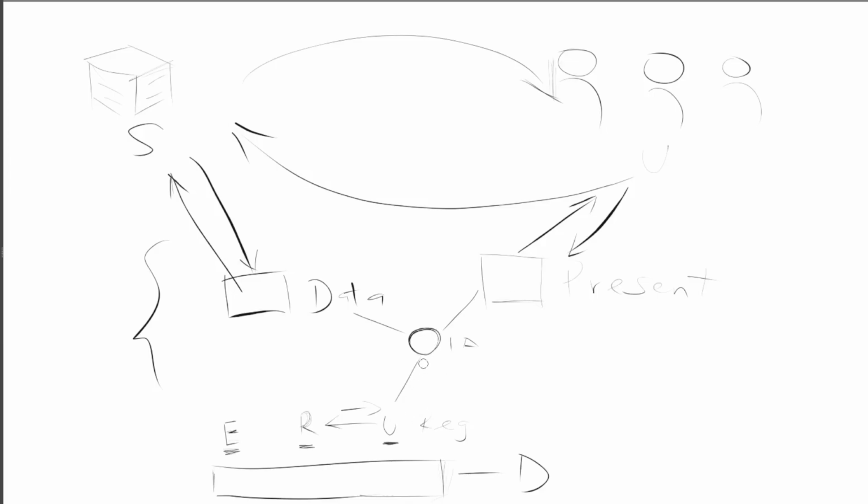Now back to this. So the user will send data in here. Now that data needs to get to the server somehow. In order for that data to get to the server, the presentation has to pass it all the way down here. Now it comes into the adapter. The adapter depends on use cases, not repositories or entities.